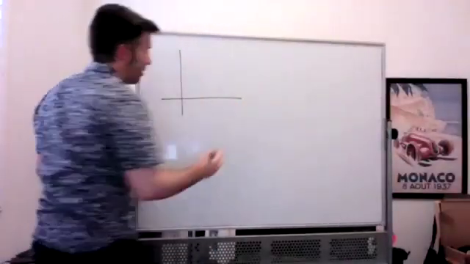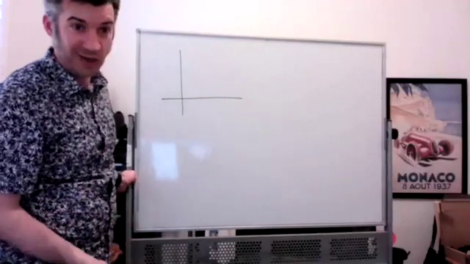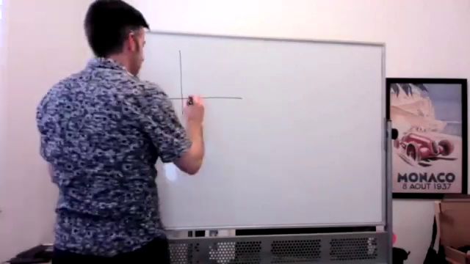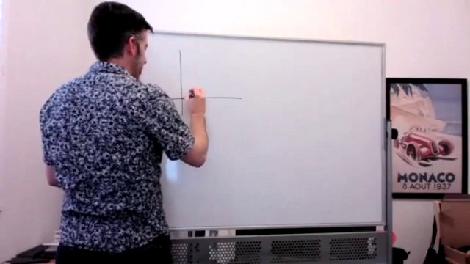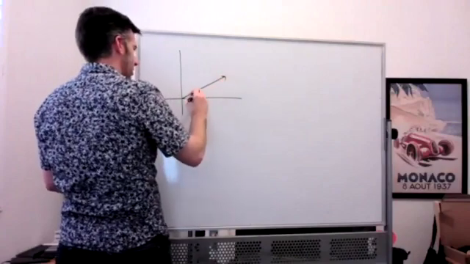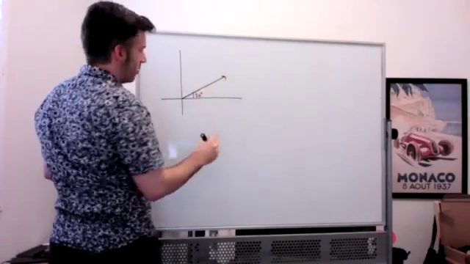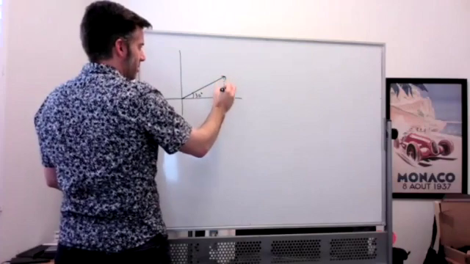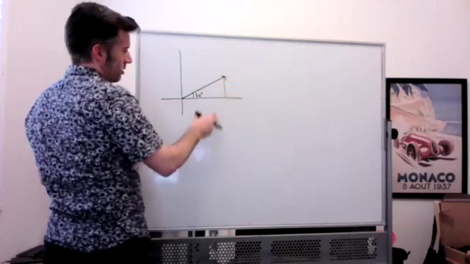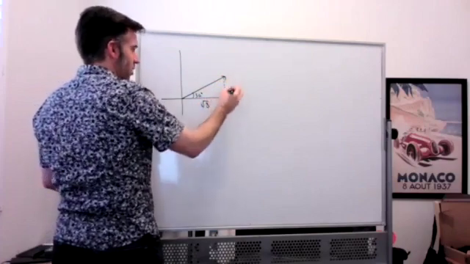So we happen to know things about 30, 60, 90 triangles. So I know that if I have a 30, 60, 90 triangle, that's a 30-degree angle, then the sides of that triangle are the square root of 3, 1, and 2.